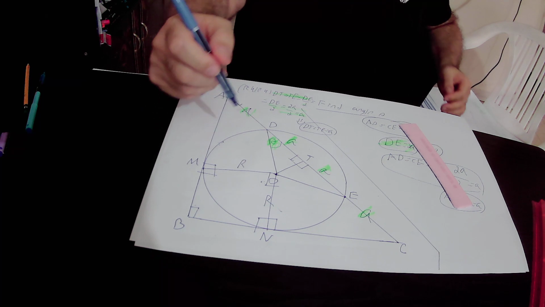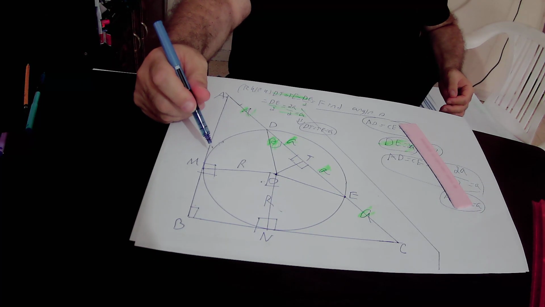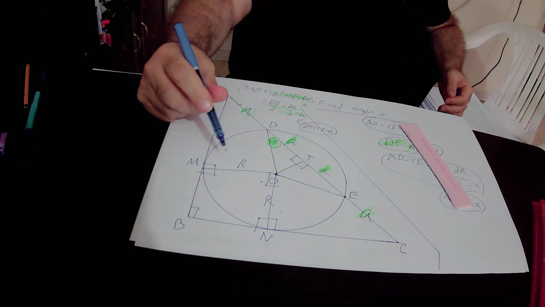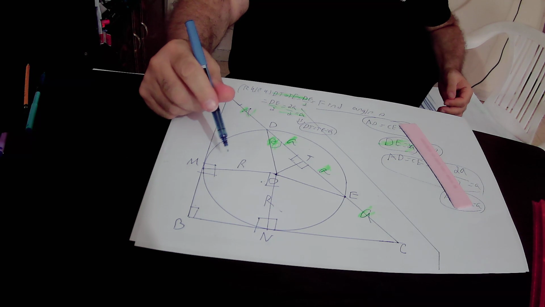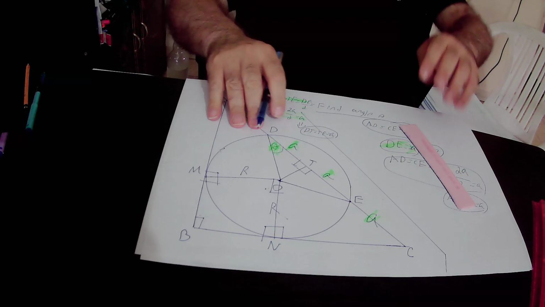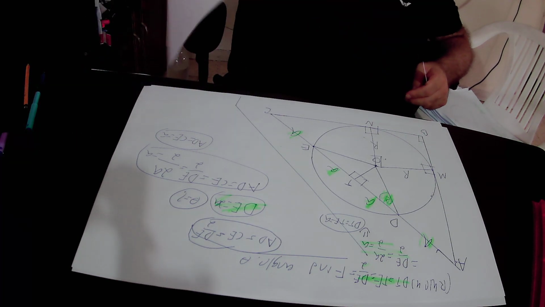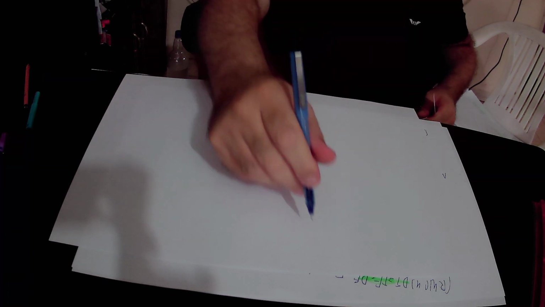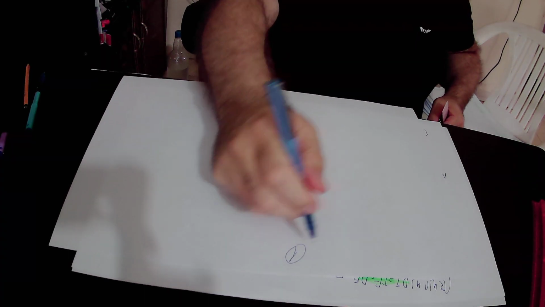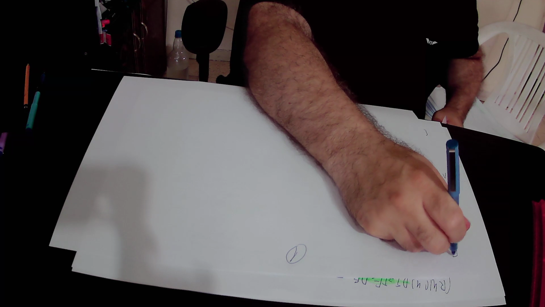So we have 4 right angles inside quadrilateral MOBN, therefore quadrilateral MOBN is a rectangle. I write it down. Quadrilateral MOBN is a rectangle because it has 4 right angles.